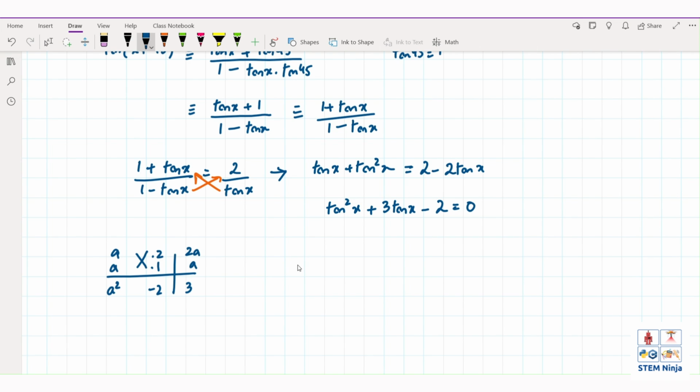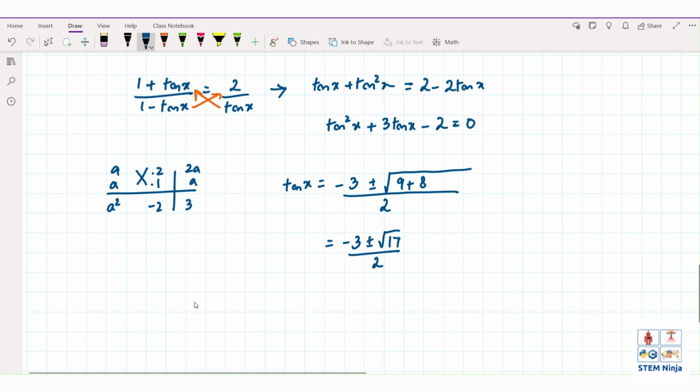So tan x would be equal to minus 3 plus minus the square root of b squared minus 4ac, 4 times 2 is 8, divided by 2 times 2. So minus 3 plus minus the square root of 9 plus 8, which is 17, divided by 2.